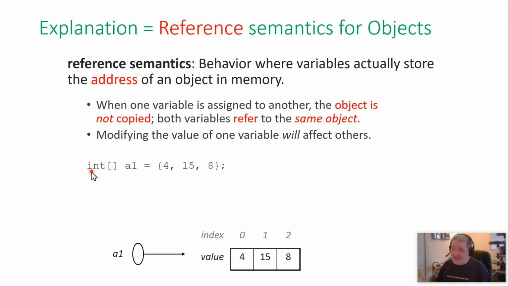And every array in Java is actually an object. So we are talking about a reference variable here. That variable A1 is declared to be a reference variable meant to hold a reference to an object, which is an array of int values.